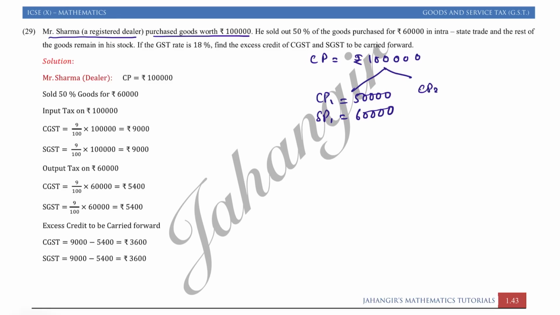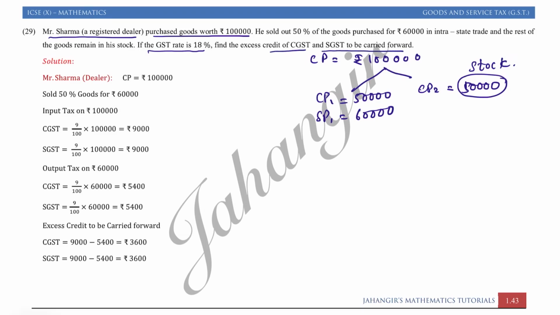Rest means CP2, that is 50,000. Again, this good still remains in the stock. If the GST rate is 18%, find excess credit of CGST and SGST to be carried forward.